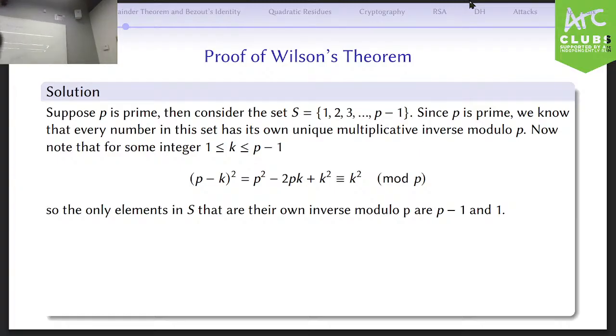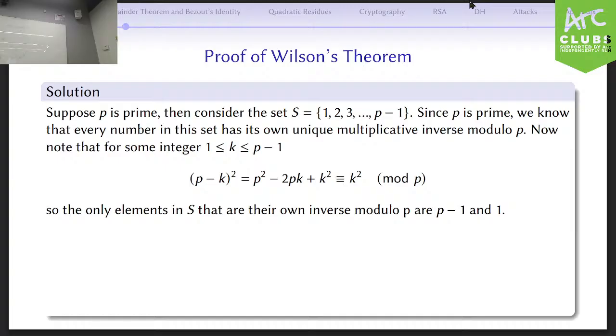So first note that P minus 1 factorial, as you know, is literally 1 times 2 all the way till P minus 2 times P minus 1. And I've purposely ignored 0 factorial. And now consider P minus K squared.